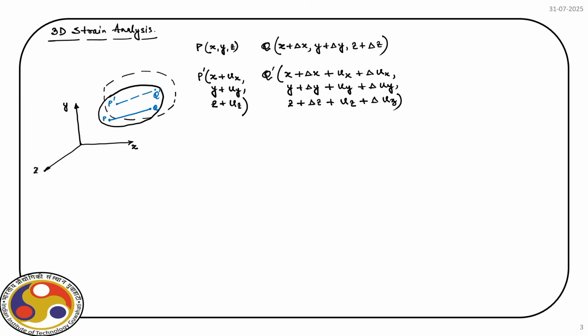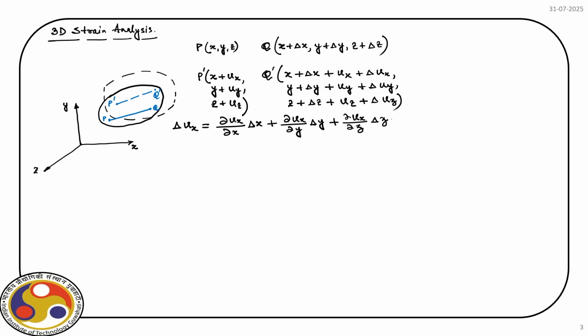Okay. Now, what is delta of ux? That is ux differentiated with respect to x times delta x, plus ux differentiated with respect to y times delta y, plus ux differentiated with respect to z times delta z.